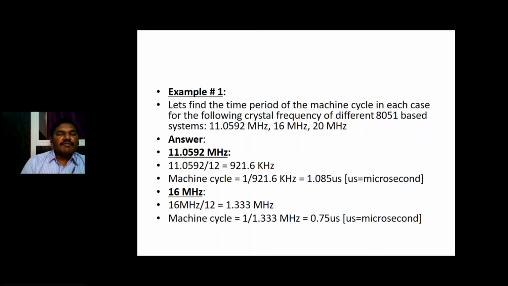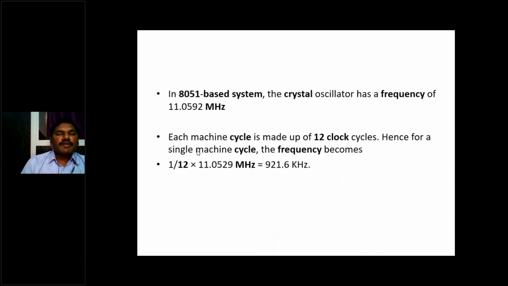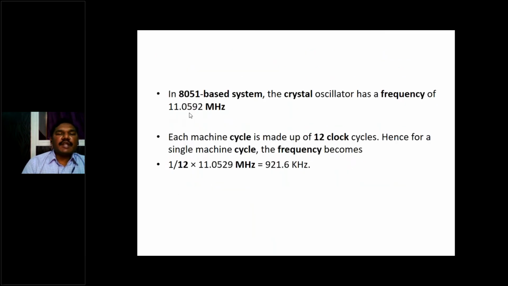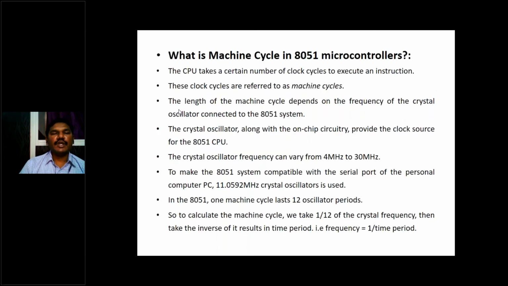If you see, the clock frequency is 11.0592 megahertz. The 8051 is operating at 11.0592. Usually the 8086 was operated at 8, 5 or 10 megahertz, whereas the 8051 operates at 11.0592 megahertz. Why?